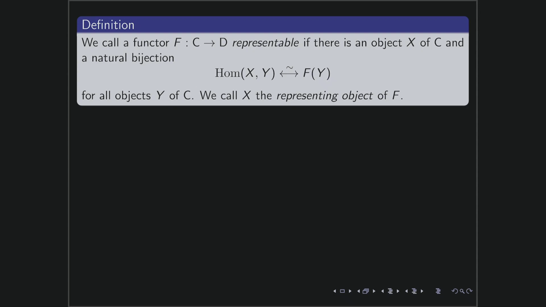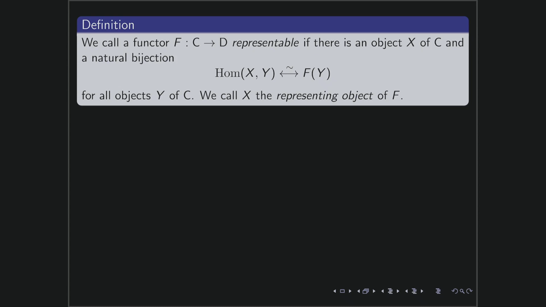I actually can give the isomorphism explicitly in both directions, but it's enough to show it in one direction. In this case, we would just send phi to this matrix: phi(x11), phi(x12), phi(x21), and phi(x22). And what I claim is that this is actually a bijection, and a representation also requires that this bijection is natural. There's some technical detail.